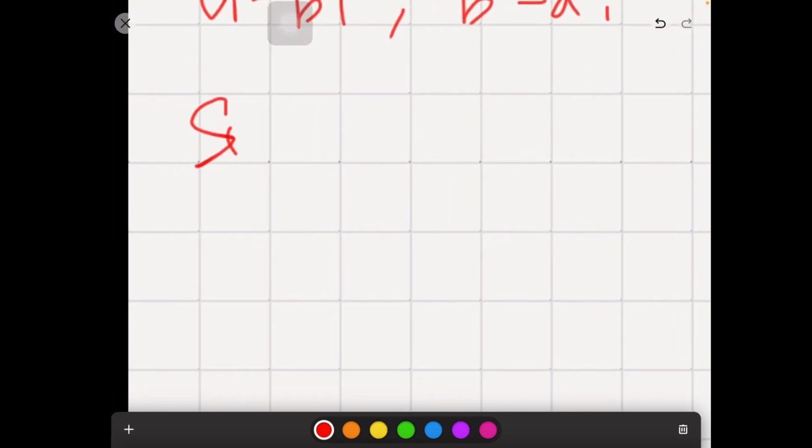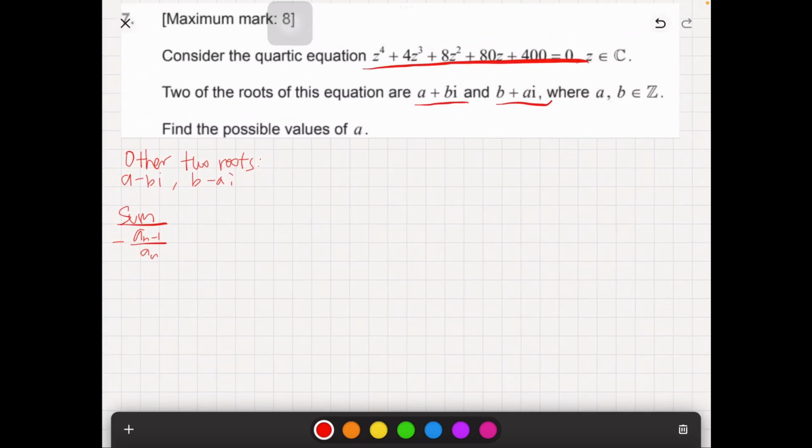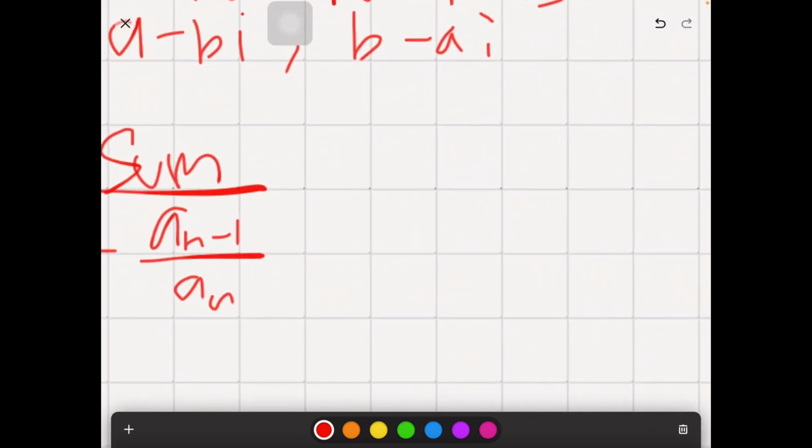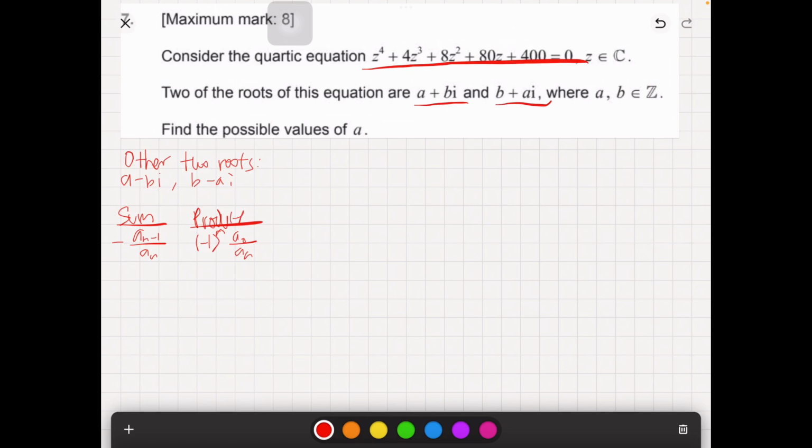Remember that the sum of the roots of any polynomial is equal to negative a_(n-1) over a_n, and the product is equal to negative 1 to the power of n, a naught over a_n.